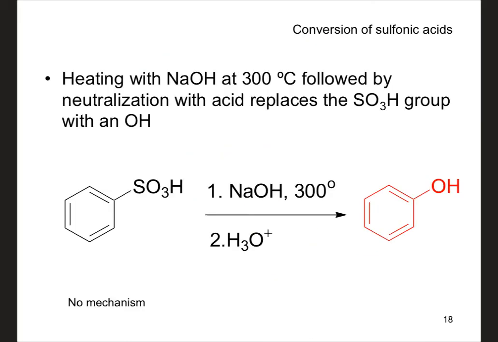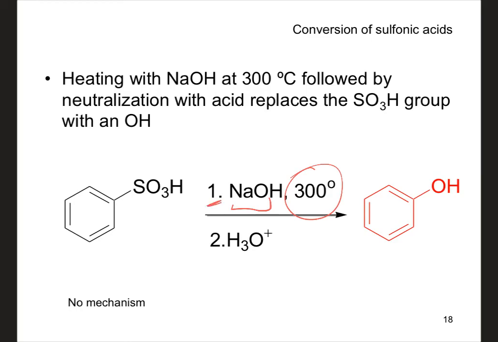All right, once you have your benzene sulfonic acid, if you heat it with a caustic base like sodium hydroxide, typical heating will be more than 150 for sure. Depending on your substrate, this could be 150 degrees Celsius, could be higher, but it's a strong heating that we are looking at.